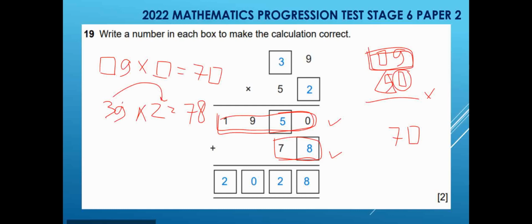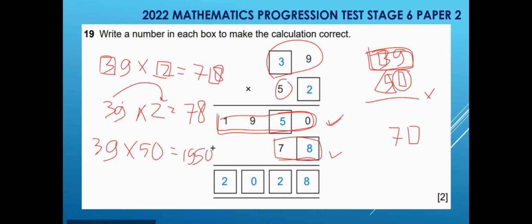That's how we put 3 in here. 39 times 2 is 78, so that's how we got 78. And then the front digit, since this is 39 times 50, 50 times 39, we got 541950. So that's how we fill here, and we add it up. That's how we got the answer.